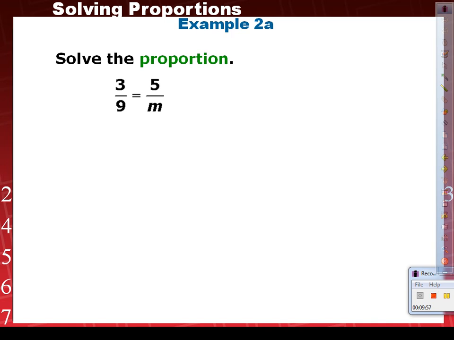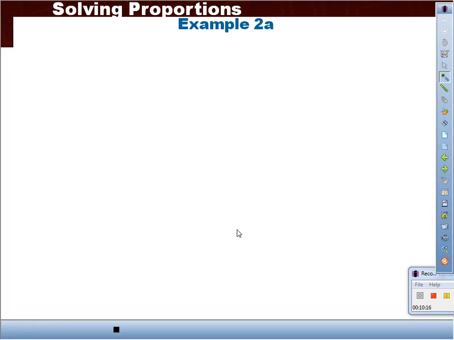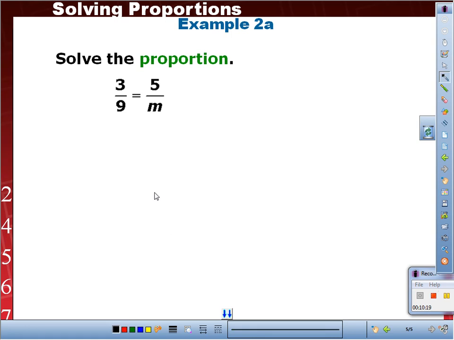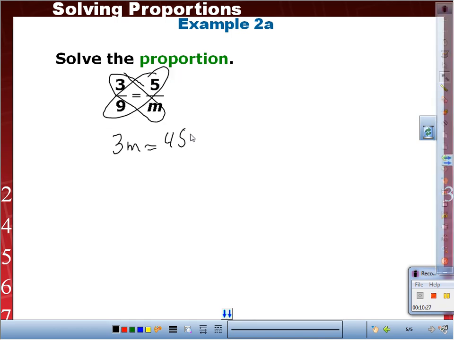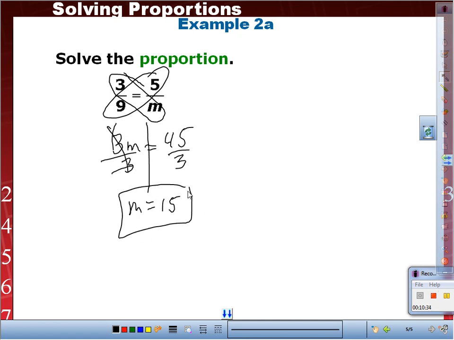We're getting to the next level. Check with the neighbor, see what they got. So I start with the variable. So this is 3m equals 45. Divide by 3, divide by 3. M equals 15. Hands if you got that.